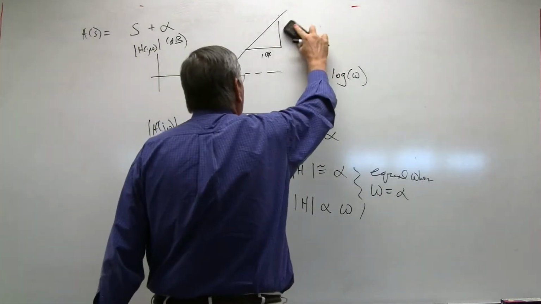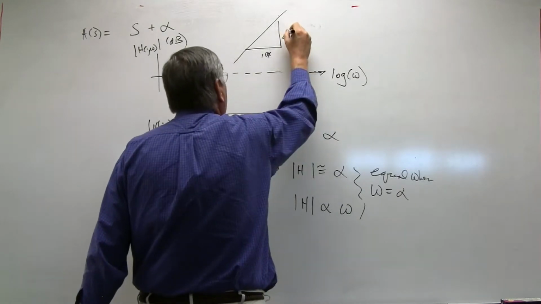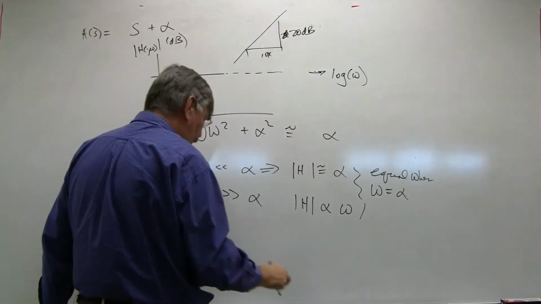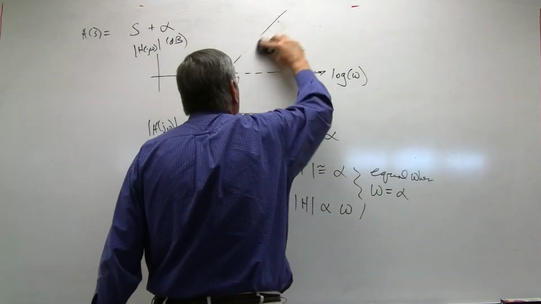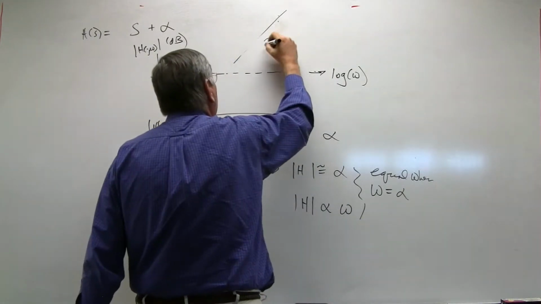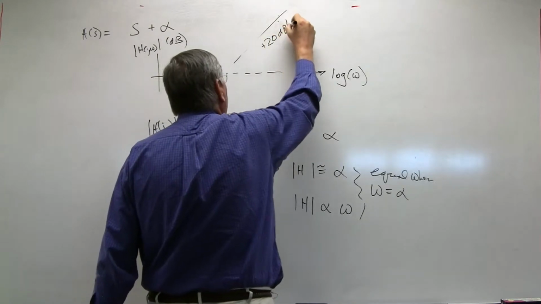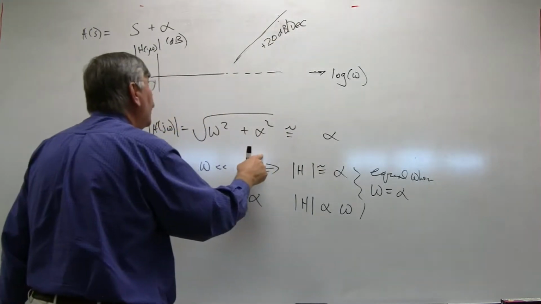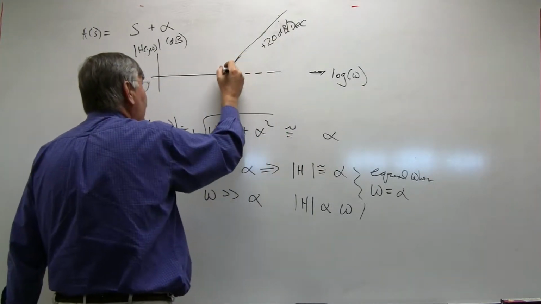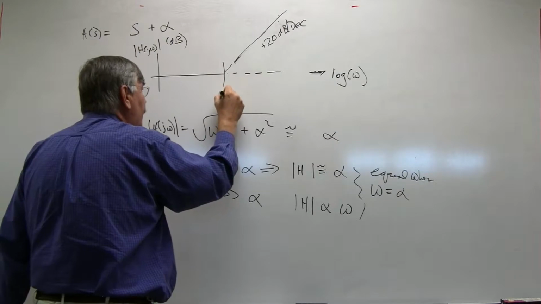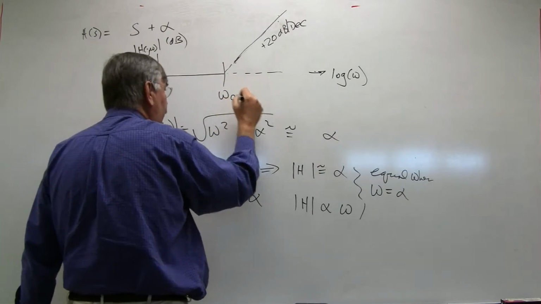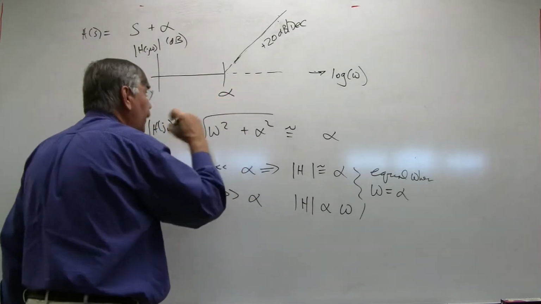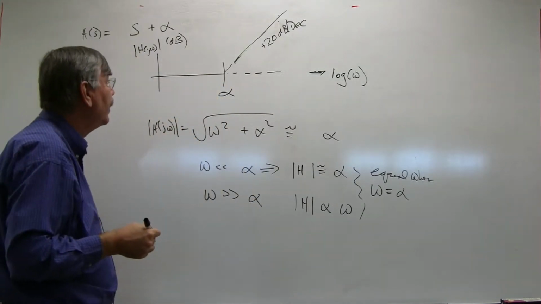So this slope is 20 decibels for every 10x increase in frequency. We say this is a plus 20 dB per decade slope. This is the asymptote of this curve. If we project it to where they meet, that is where the frequency omega is equal to alpha, sometimes called the cutoff frequency.